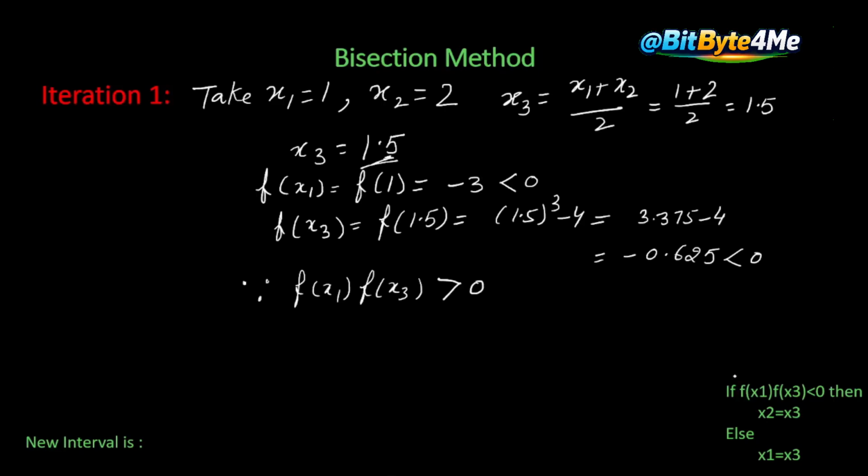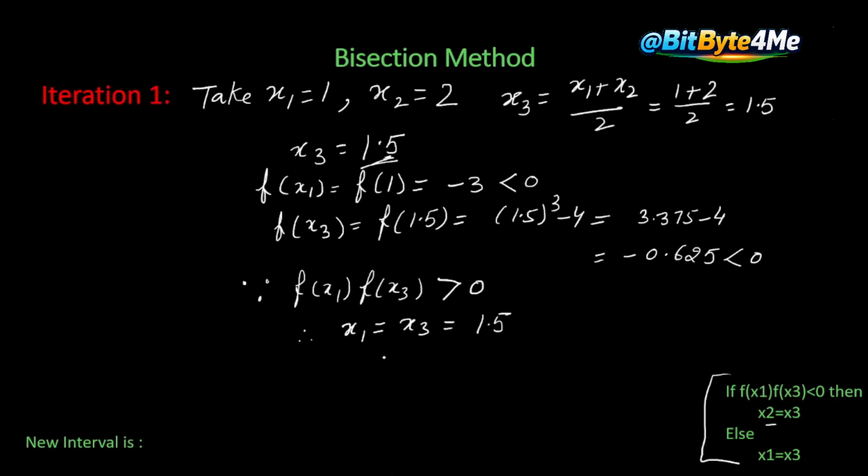Always we have to use this rule: if f(x1) into f(x3) is less than 0, then x2 takes the value of x3, otherwise x1 takes the value of x3. In this case f(x1) into f(x3) is greater than 0, so the else part you will execute: x1 = x3, which is equal to 1.5.